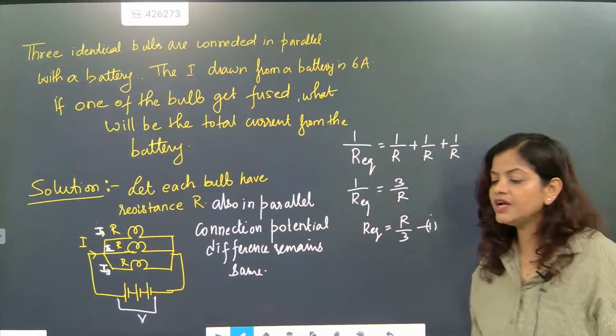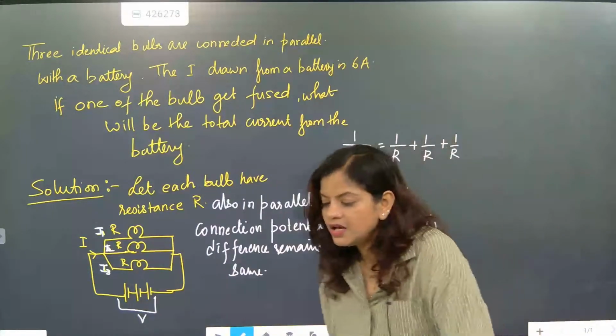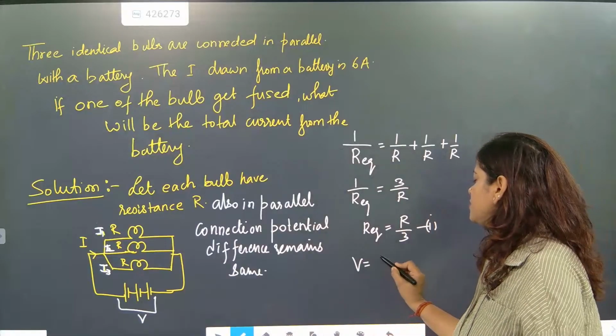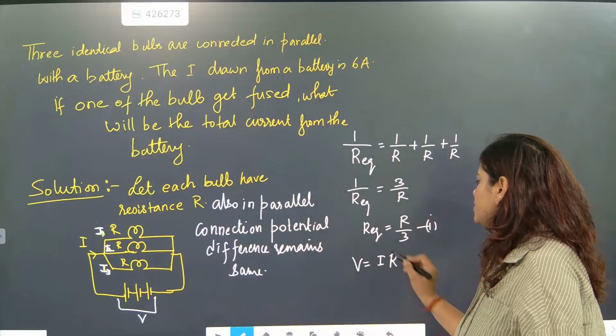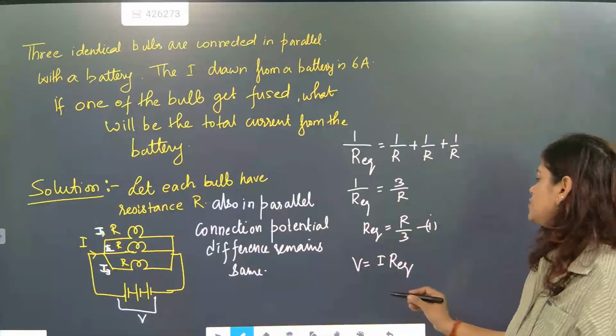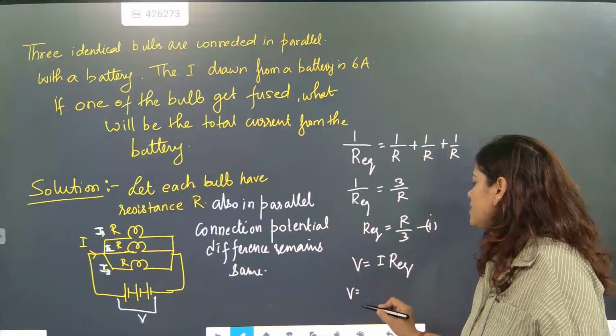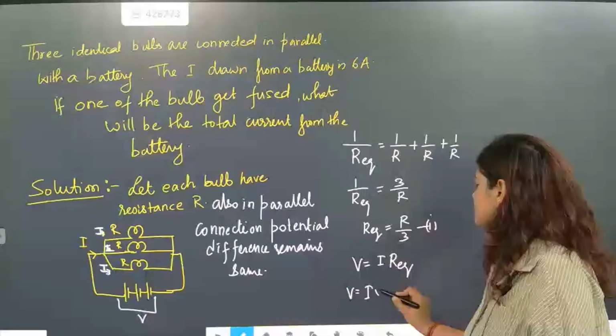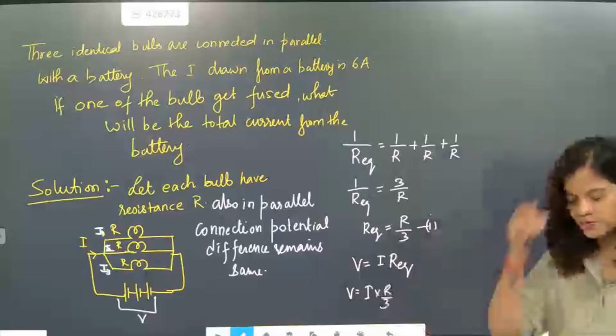Now, beta, we know that V is equal to IR. Yes, V remains same. So here R will become equivalent resistance, which is R by 3.